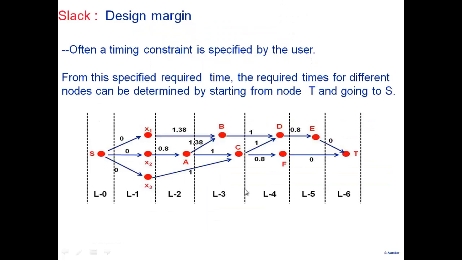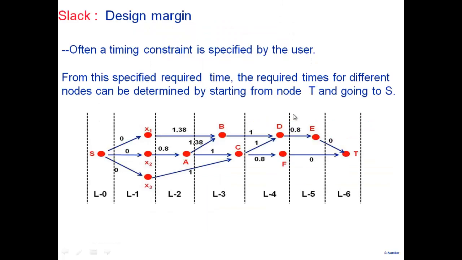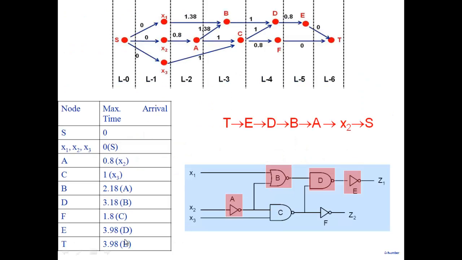But that's not the end of it. So I find out the worst case path in my circuit. Normally, we will also be given a timing constraint from a design. Let's say I'm given that my signal should arrive at the terminal node T. We found a value of 3.98.